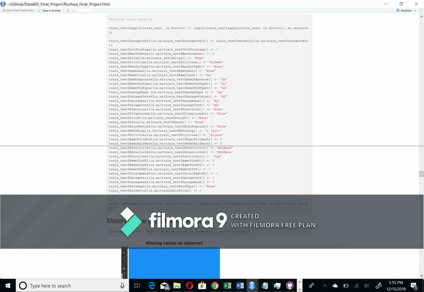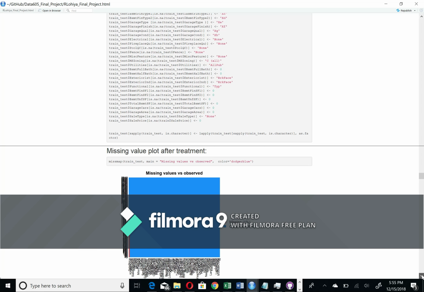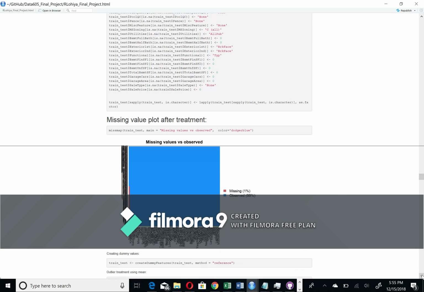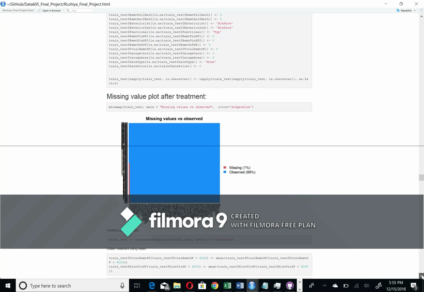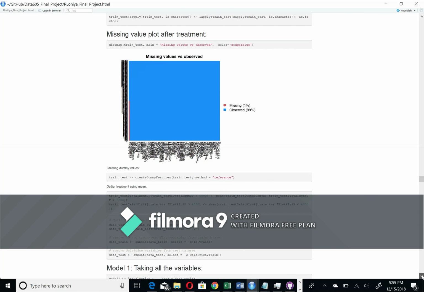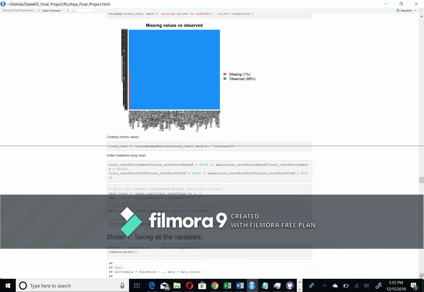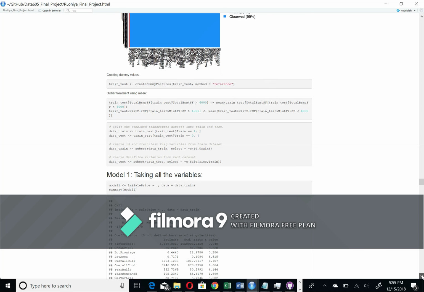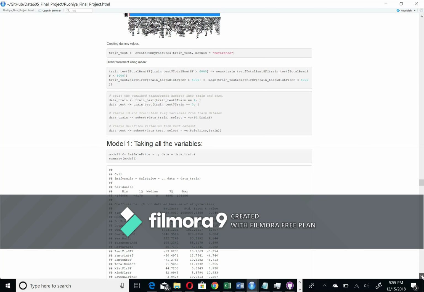This is my treatment for missing values. After that, I plotted again to see whether we still have missing values. I didn't see anything except for sale price, which was from the test data set. Then I did some outlier treatment, and then I started building the model.